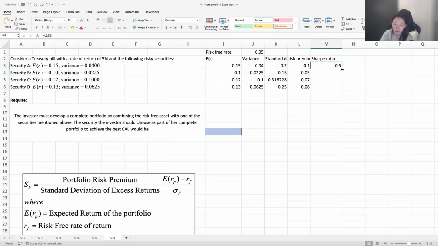Enter. Okay, I'm going to make them show up in 3 decimal points. Now you're able to tell which one has the highest Sharpe ratio, and that will be security A. All right, so that would be the end of the review for homework 4, covering chapter 5.